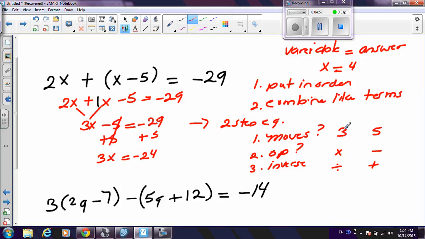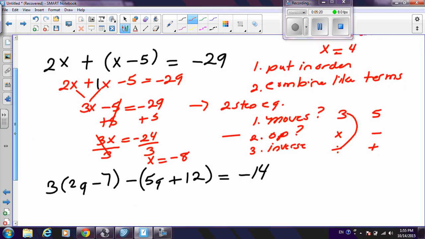All right, now the 3, we know that the 3 needs to be divided. So I'm going to divide this side by 3, divide that side by 3, and I'm going to have an answer that says x equals negative 24 divided by 3, which gives us a negative 8. Alrighty, that's how we do that.